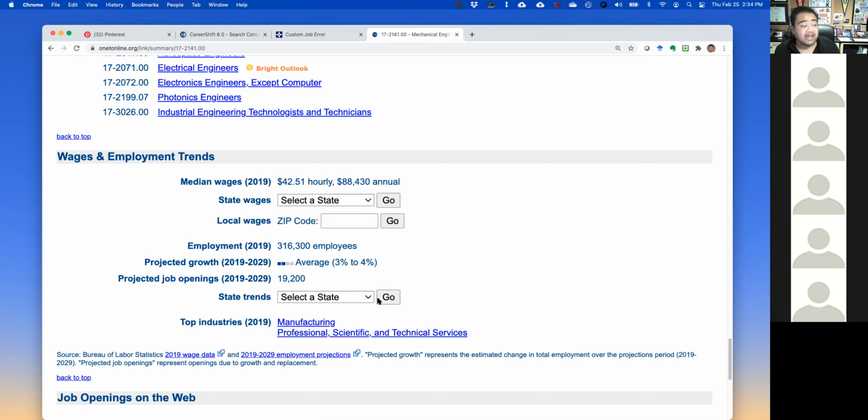You can break this down by state. You also see here the top industries. Within the Midwest, we are seeing manufacturing as the up and coming industry in high demand for mechanical engineering folks.